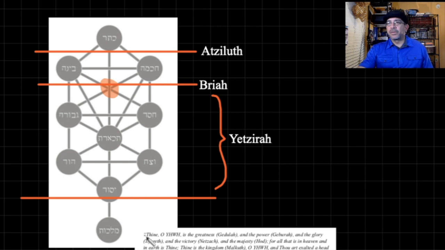So the meaning of Tiferet is beauty. It's right there in the center, and this Sefirah in the center is the one that unifies all these forces that are coming from the one source called Keter.